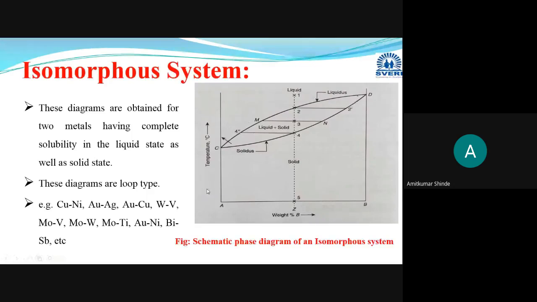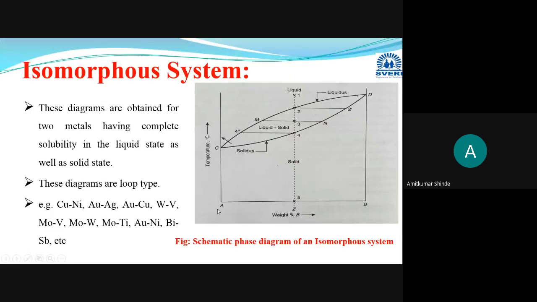Now, as you can see from this curve, for any composition you take, its cooling transformation curve or microstructural changes will be of the same nature. First, a short description of this diagram.